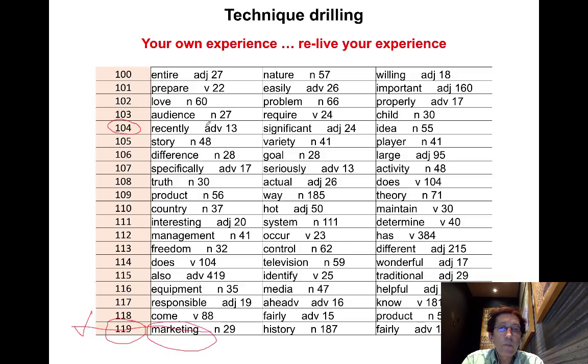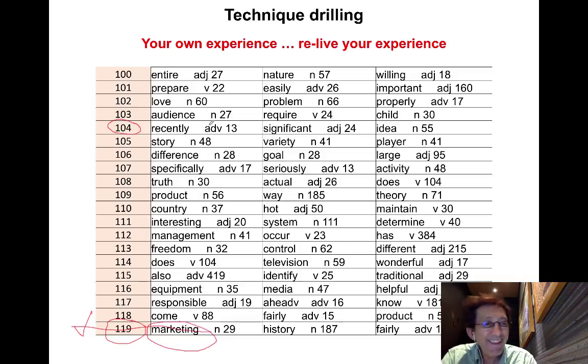Accept. Second one. Are you looking at 104? Accept, right? I see recently, significant, and idea. Page 47. But on 48, there's also one. Yes, I know, but we're on 47.